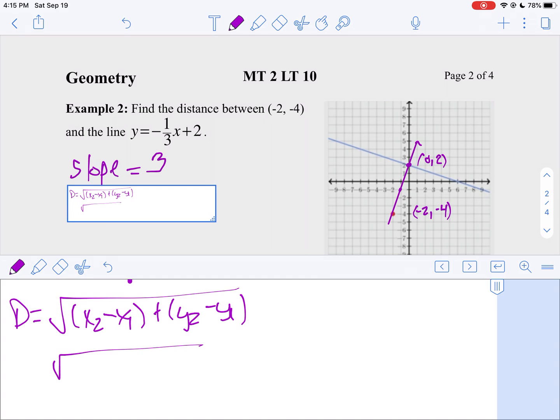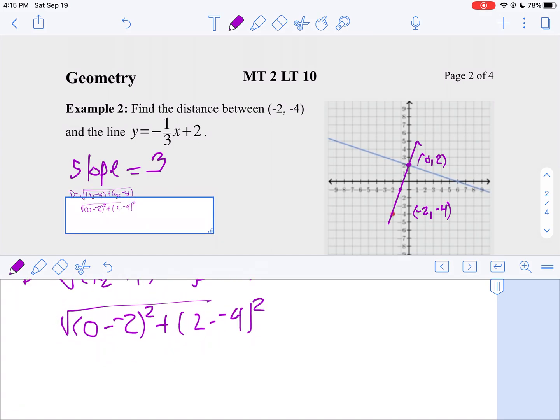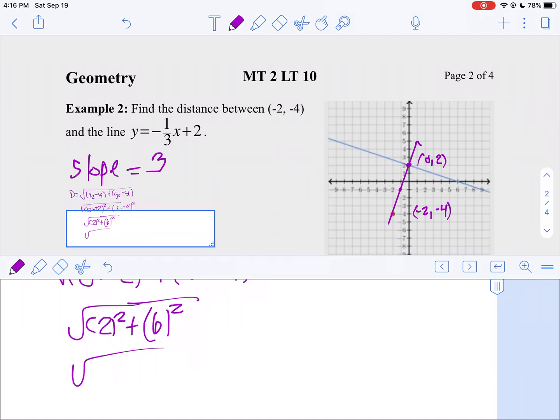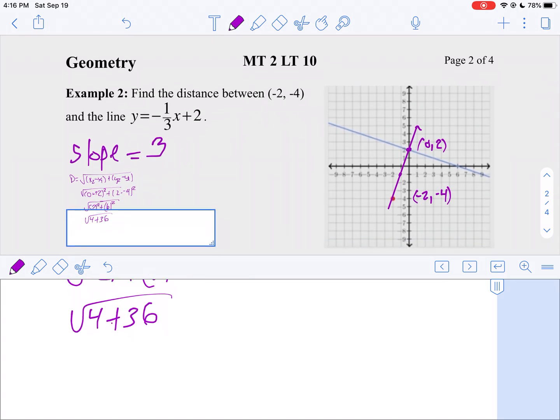So I'm going to say 0 minus a -2 squared plus 2 minus a -4 squared. Well, 0 minus a -2, that's positive 2. 2 minus -4 is 6. Well, let's simplify. That's 4 plus 36, which is the square root of 40.